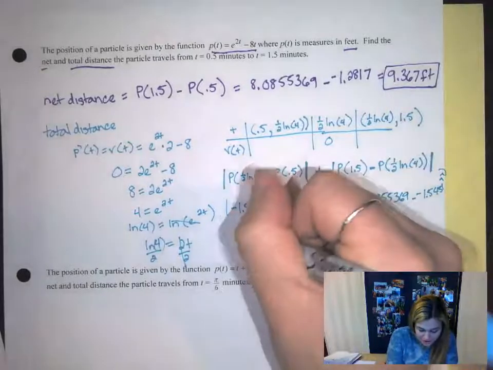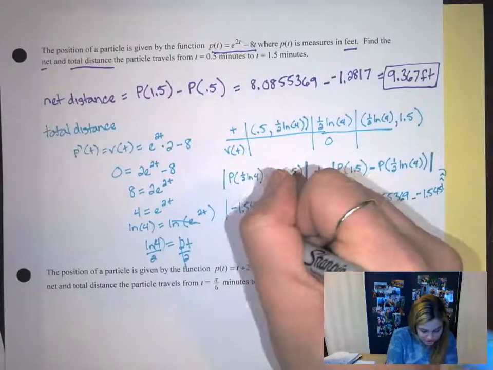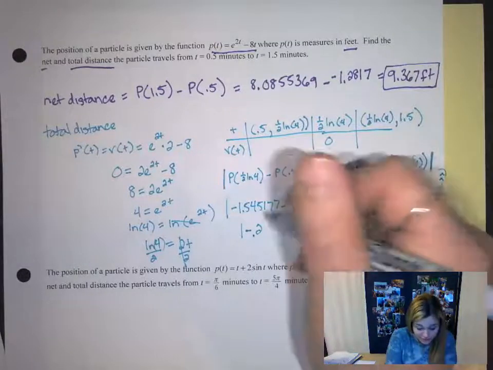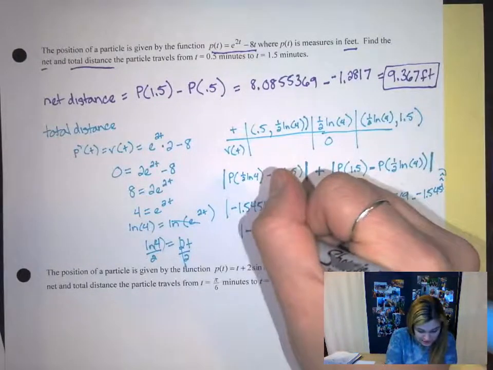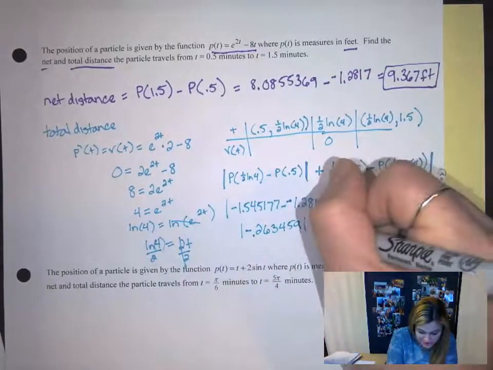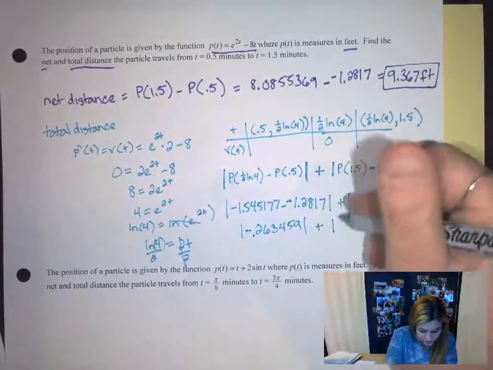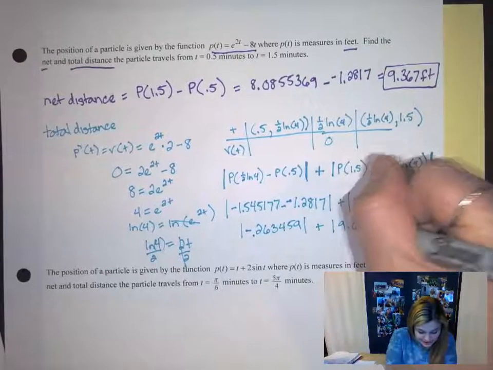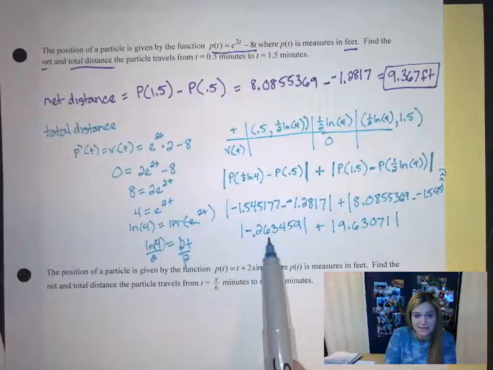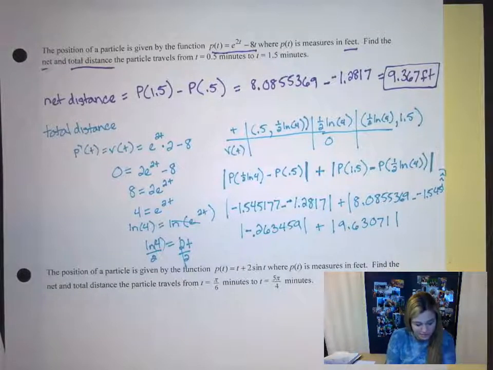And here, just so if you missed anything, this would be the absolute value of negative 0.263459 plus the absolute value of 9.63071. So we end up seeing this was the distance left because it was negative, this was right, but that's okay.